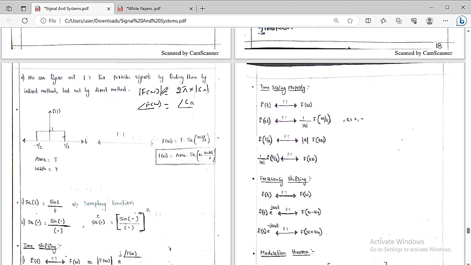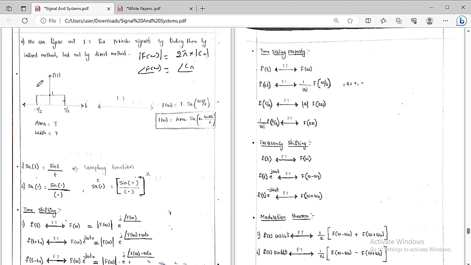With the help of Cn, we are finding this, so that is the reason it is called the indirect method. If you are directly applying F of omega on f of t, then it is a direct method. If you are taking the help of Cn in order to figure out the Fourier transform, it is an indirect method. So we can figure out the Fourier transform for periodic signals by the indirect method, but not by the direct method.